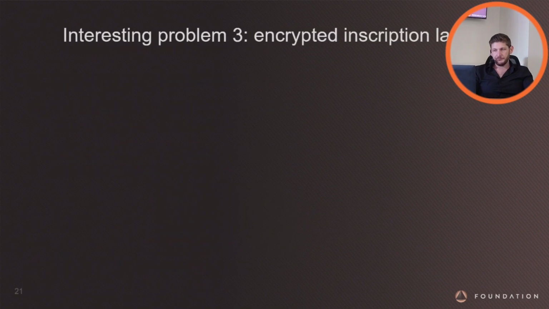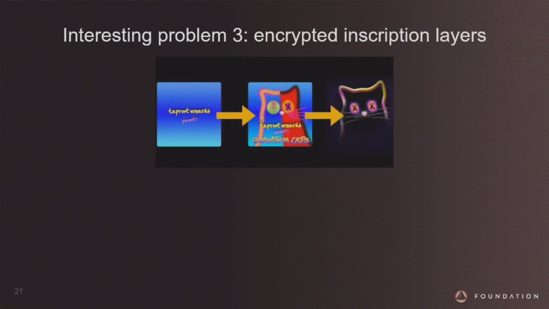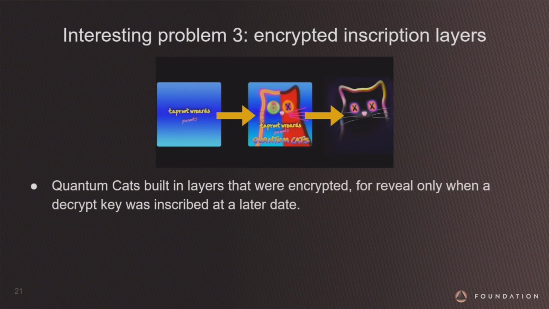stuff to think about. And then if we went even further than that, if you saw Quantum Cats last year, handiwork of our very own Rindell, who's the regular suspect in these talks, they were built around the concept of inscribing encrypted layers of artwork, which would only get revealed later on when the decrypt key is inscribed and therefore can be found on chain.